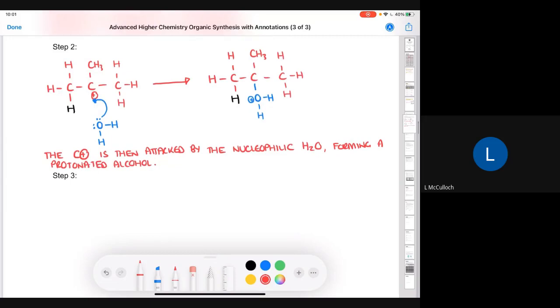And then we have our third and final step, which is to regenerate the hydrogen ion catalyst and form our alcohol. So that's exactly what's going to happen in the final step.